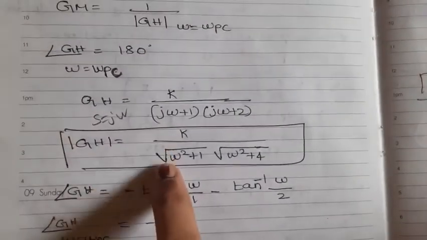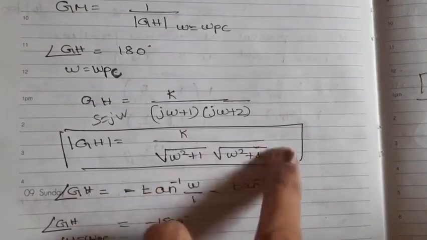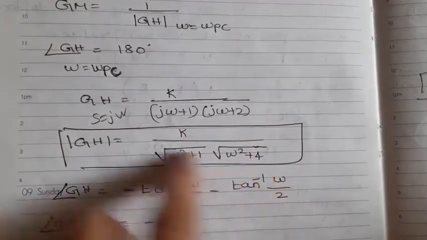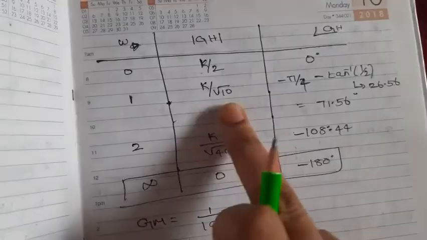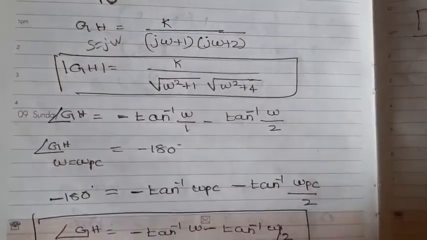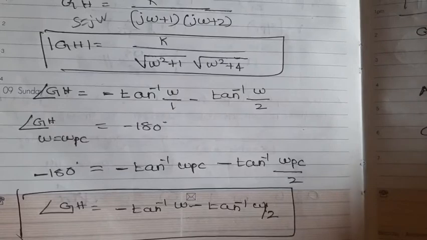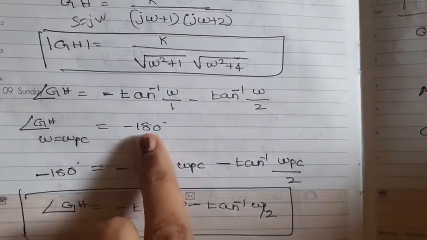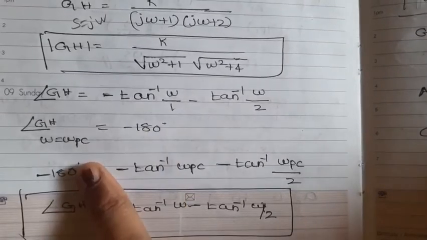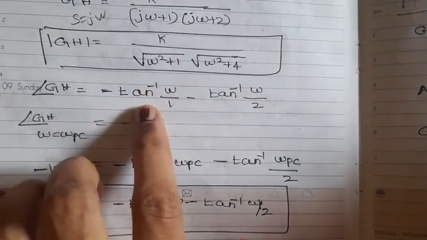Then substitute omega equal to 1 and find out the magnitude. So K by root 2 for 1 plus 1, and here 1 plus 4 is root 5. Root 2 into root 5 is root 10. So K by root 10. Then find out the angle at omega equal to 1.